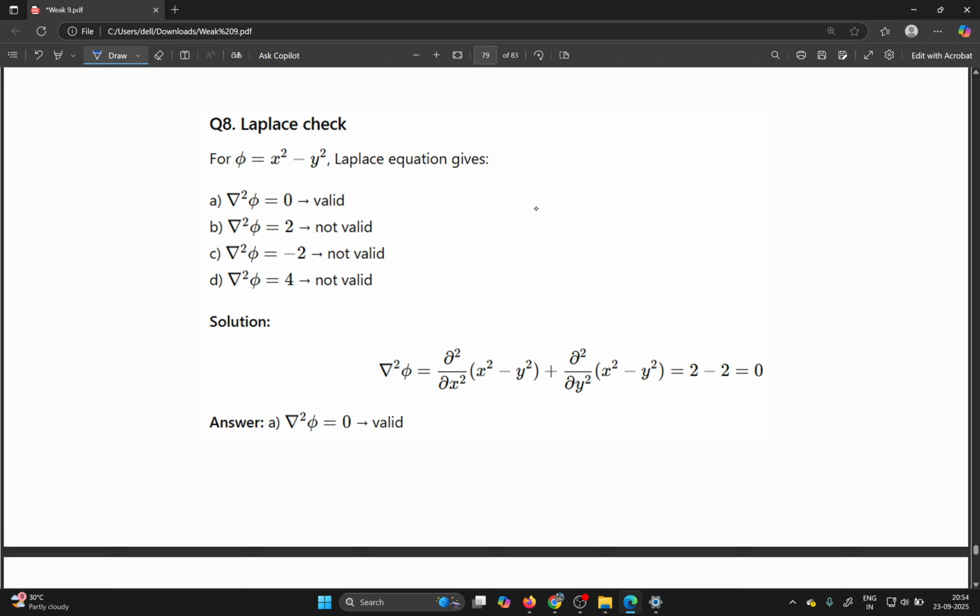Your Laplace operator is this: del by del x i plus del square by del y j plus del square by del z k. And if you have the phi, then you need to multiply everywhere phi.